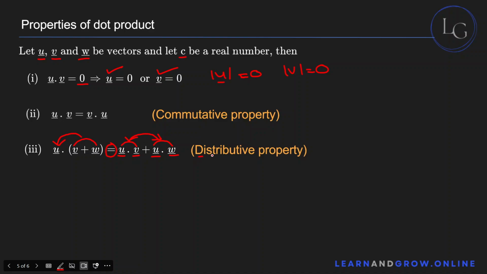So this is the distributive property, basic math really. Now we are multiplying the vector u with the scalar c, and the result of this multiplication is then dotted with v. This is equal to first taking the dot product of u and v, and then multiplying the result of that dot product with the scalar c.